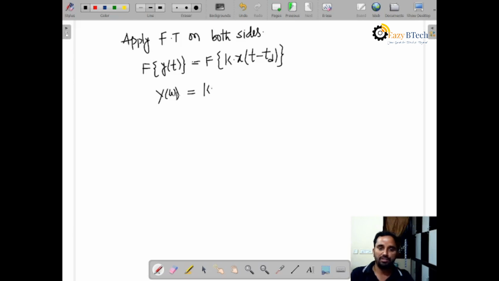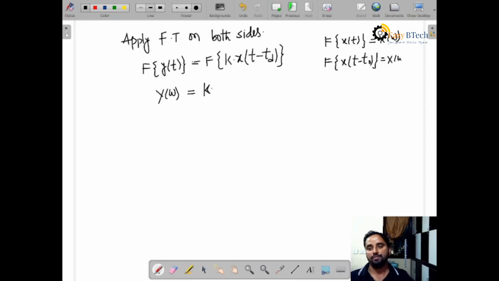Here k is a constant, so we can write it outside. For x of t minus TD, we know the time shifting property: if x of t has Fourier transform x of omega, then the Fourier transform of x of t minus t naught is x of omega into e to the power minus j omega t naught. We can use this property here because we also have a time delay. So we get x of omega into e to the power minus j omega TD.